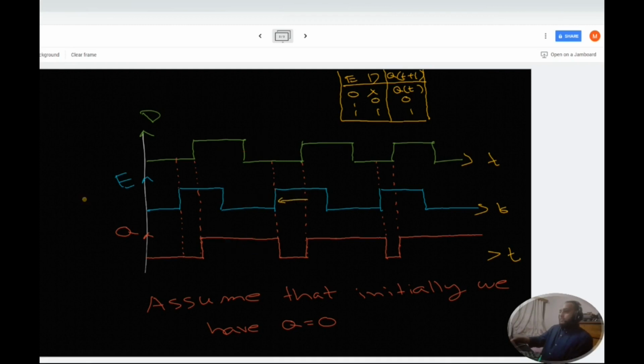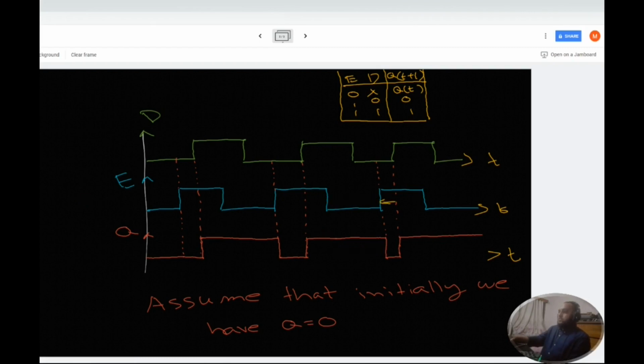From this position to this position, our clock signal is 1, so we will get the output whatever D is, and our D is 0 from this position to this position, so we will get the output as 0. From this position to this position, our clock signal is 1, our D is also 1, so we will get the output as 1. From this position to this position, our clock signal is 0, so our last output will continue. Our last output was 1, so it will continue.